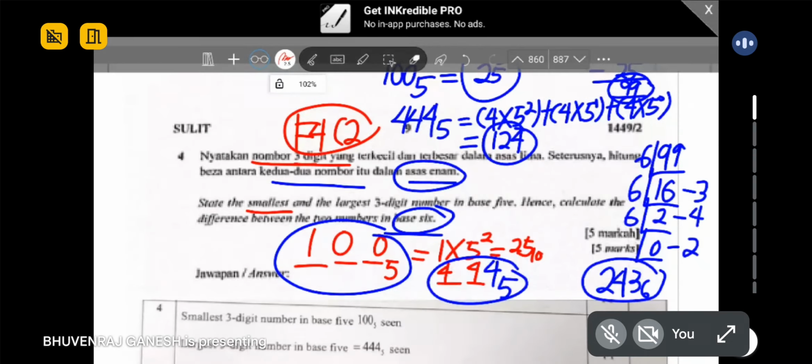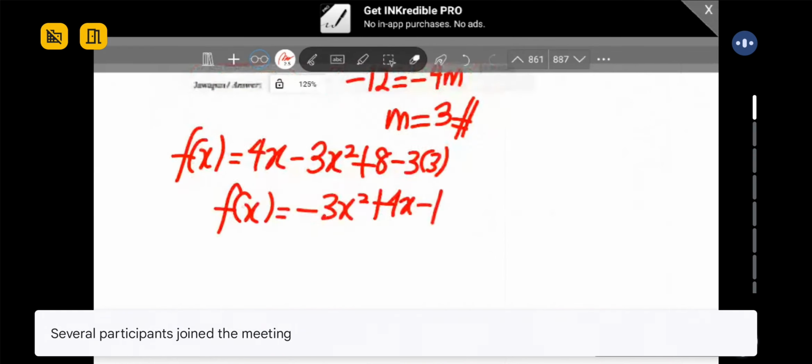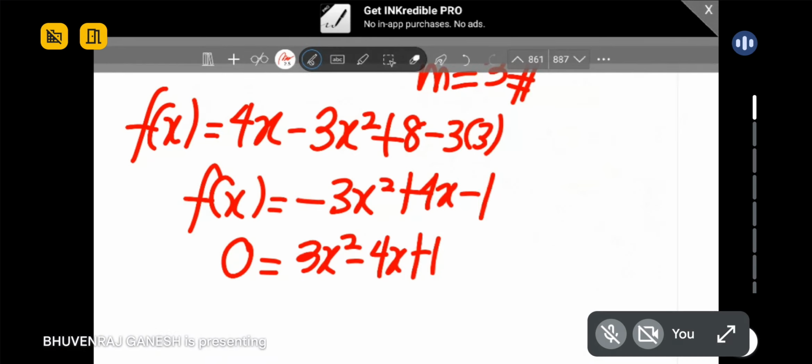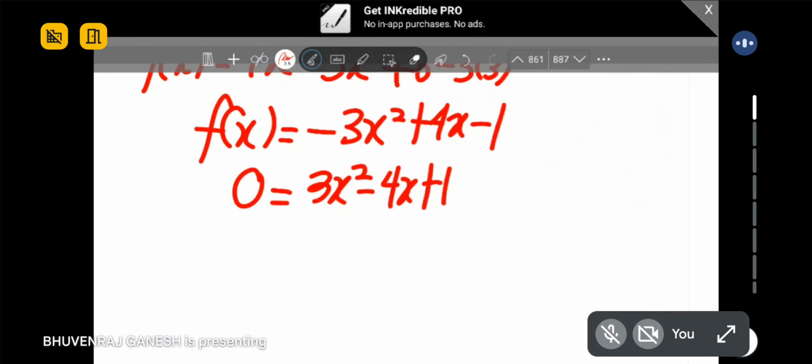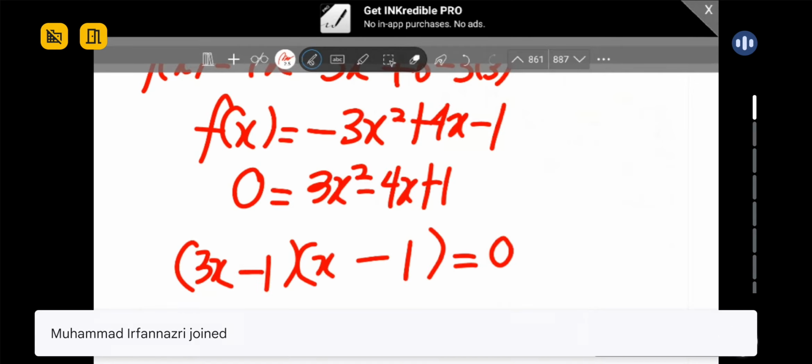Dia nak cari punca. So you guys can factorize. Okay, faktorkan persamaan ni. Okay, so equal to 0, 3x square minus 4x plus 1. So you guys factorize. Okay, 2 kurungan sama dengan kosong. So 3x, x, 1, 1, negative, negative.